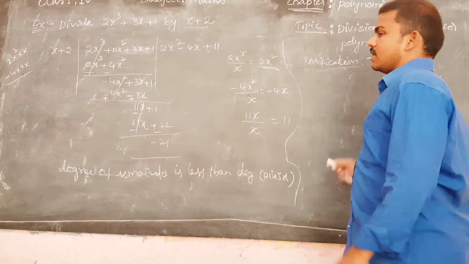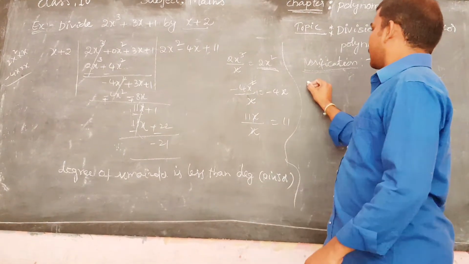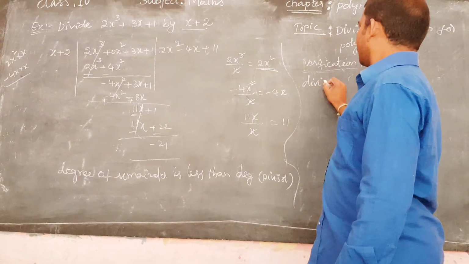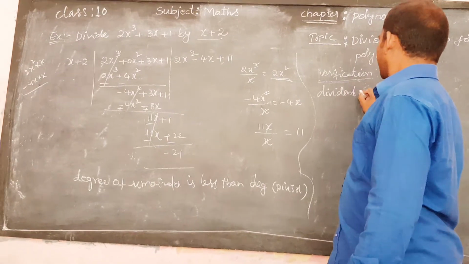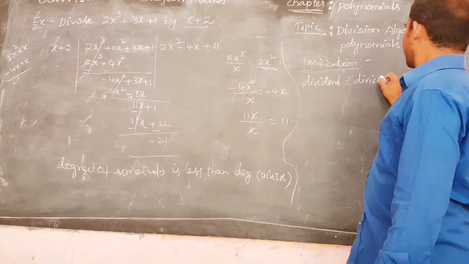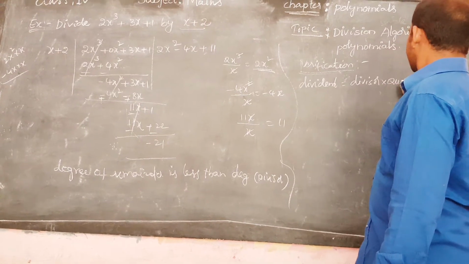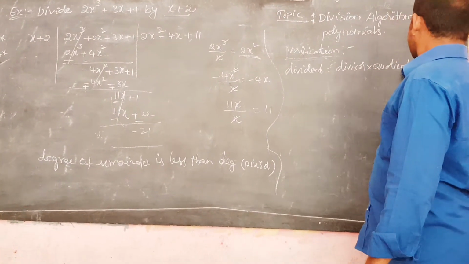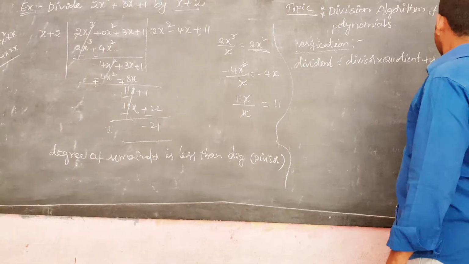By the division algorithm rule, dividend is equal to divisor into quotient plus remainder.